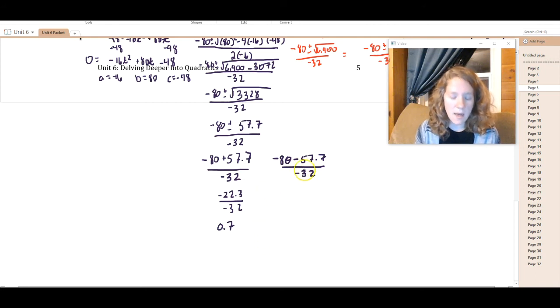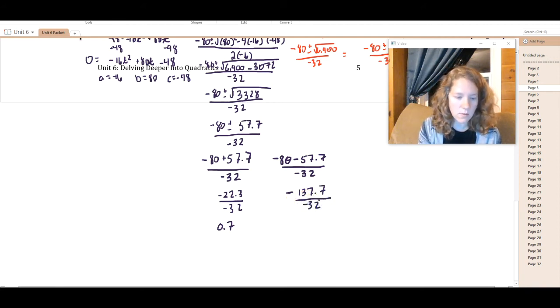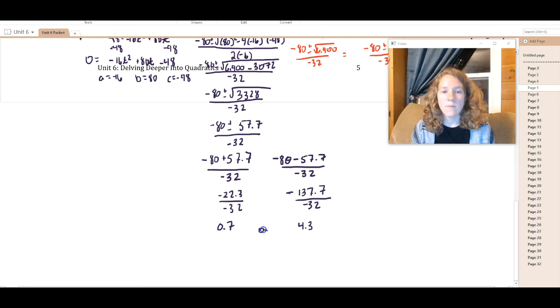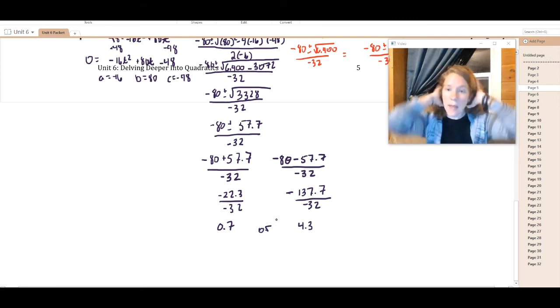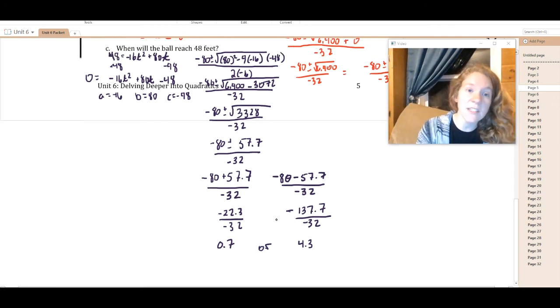The other one, negative 80 minus 57.7, is negative 137.7. Divided by negative 32 is approximately 4.3.